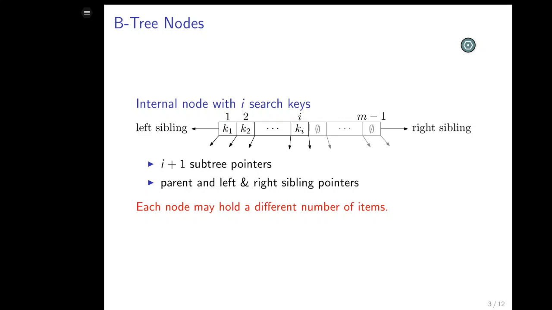Not only does it do that, but there's data associated with the keys. So really, I should put down here, not only is there a key in here, there's data 1, data 2, data i. These are the data values that are associated with those keys. So now it's a little bit more accurate.